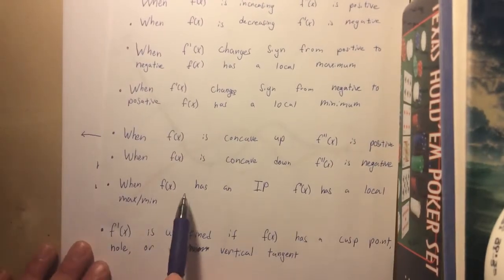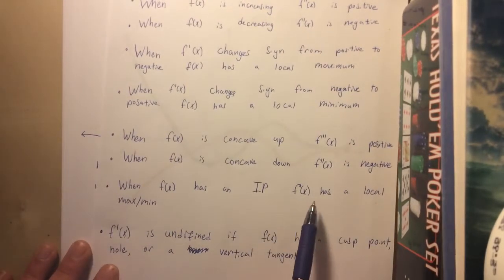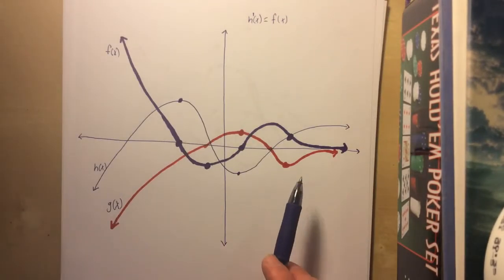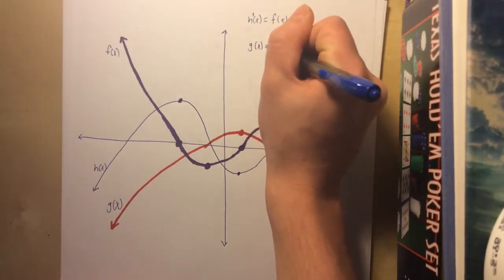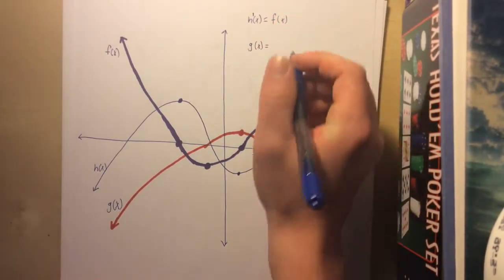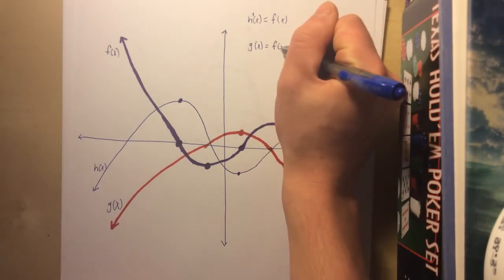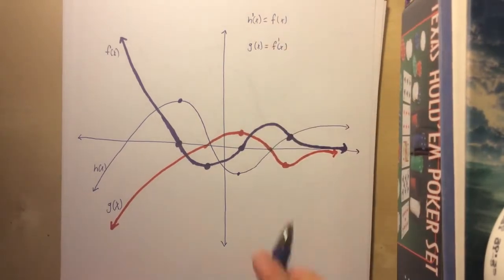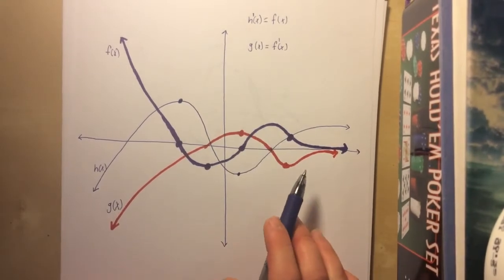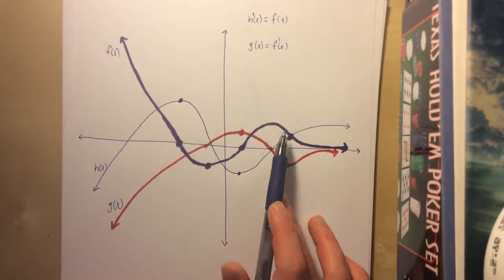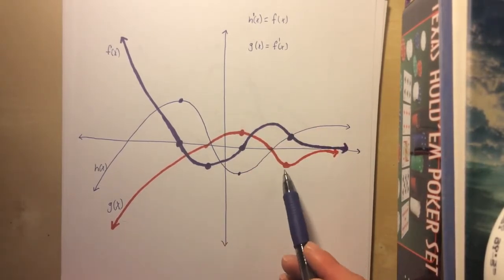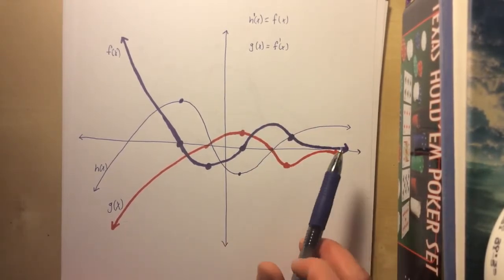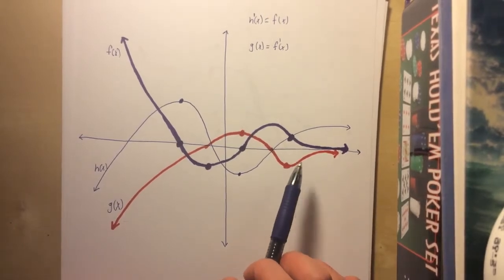When f of x has an inflection point, f prime of x has a local maximum or minimum. So right there we know that g of x is the derivative of f of x. The derivative of f of x is g of x. And once again, because our function, f of x, has an inflection point, the derivative has a local maximum or minimum, in this case minimum.